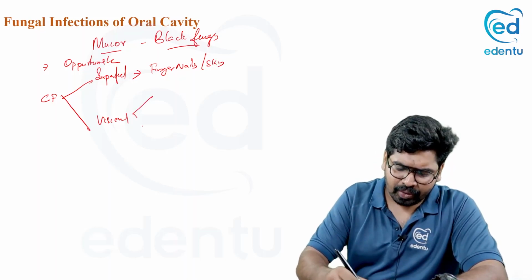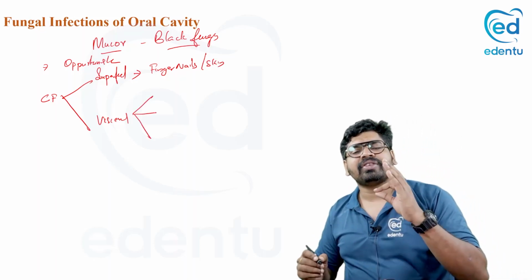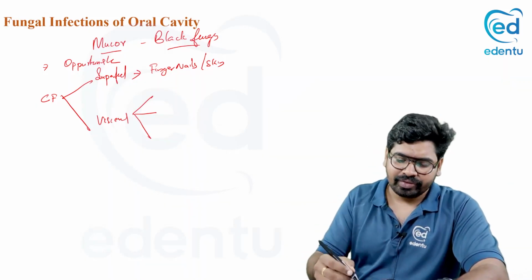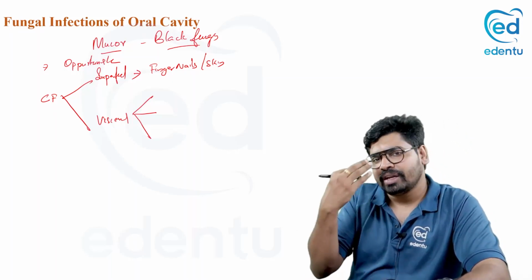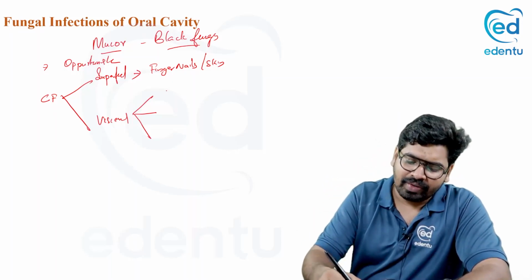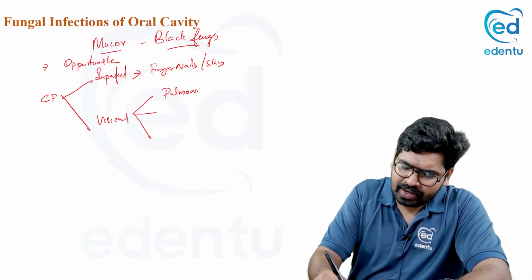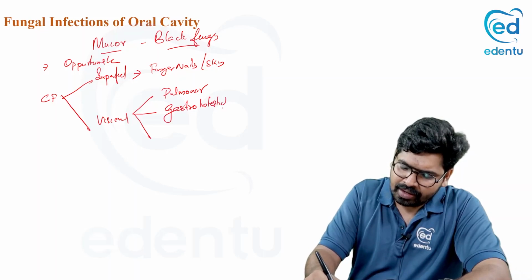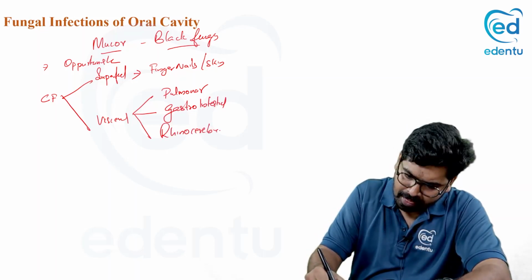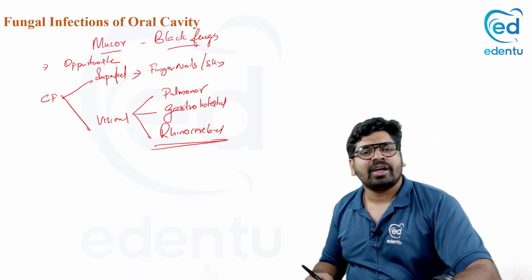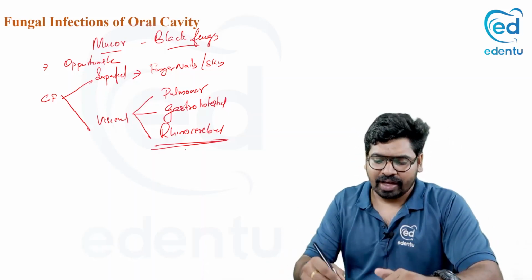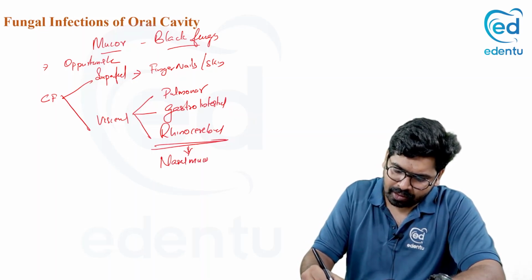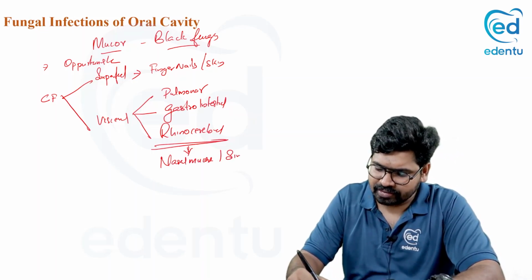Visceral mucormycosis has three types, and the one usually asked as a question is pertaining to the nasal cavity. One is pulmonary, one is gastrointestinal, and the third is rhinocerebral.